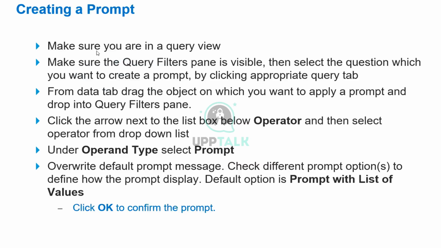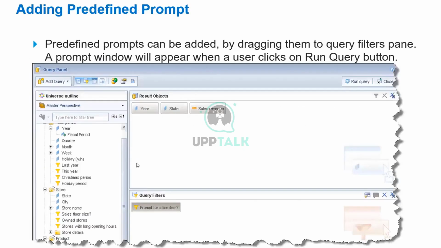If you want to create a prompt, we should make sure we are in the query view. We should make sure that the Query Filters pane is visible. Then we select the query on which we want to create a prompt by clicking the appropriate query tab. If you want to create a prompt, this query filters pane should be visible.